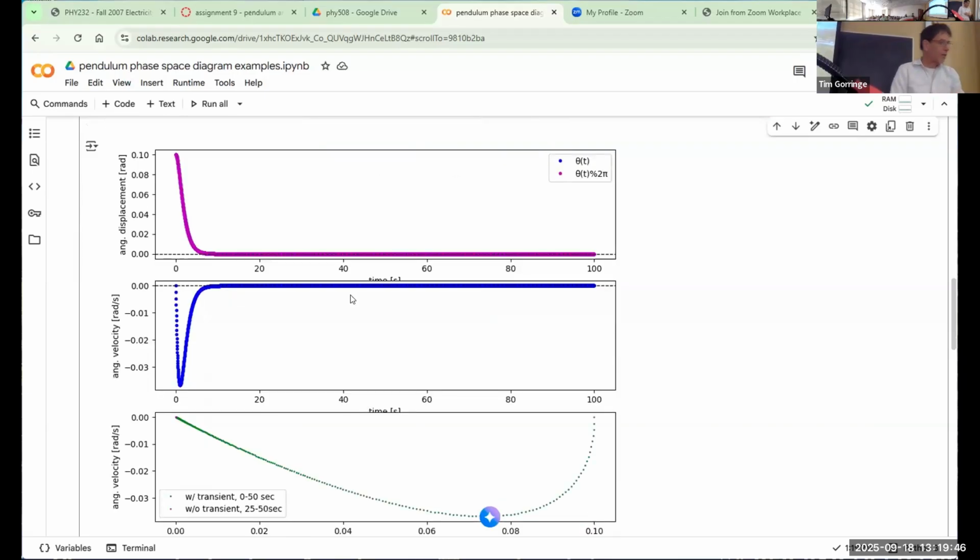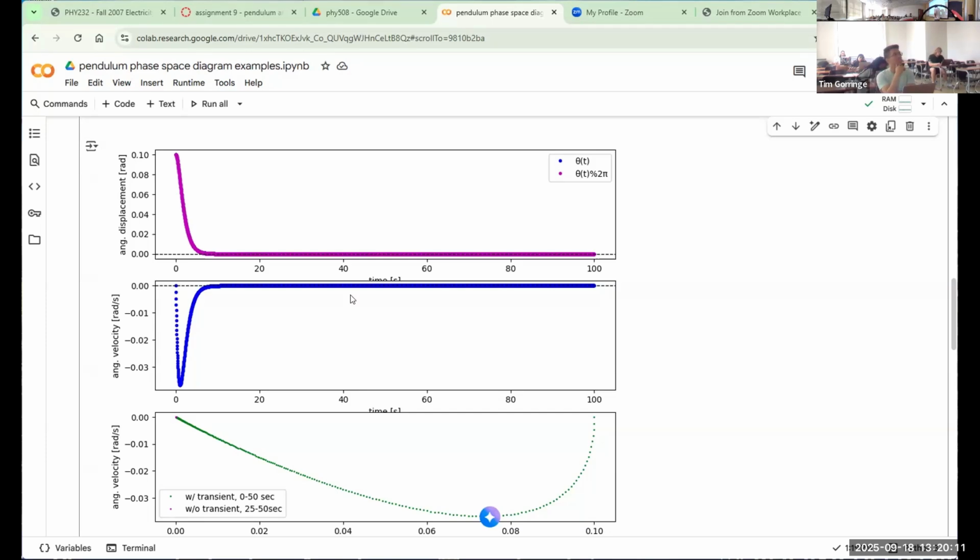And that's what we see here now. Again, theta versus time, omega versus time, the motion dies away on the time scale of theta. The phase space plot looks like this.